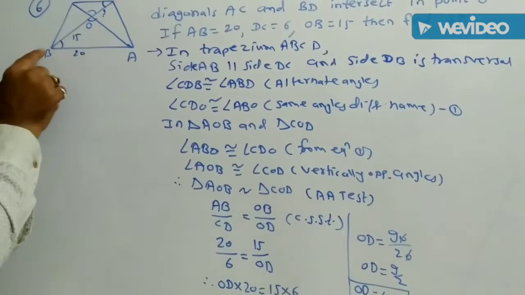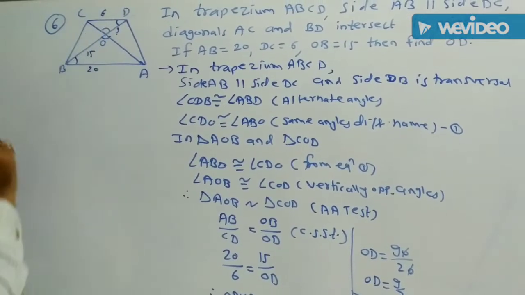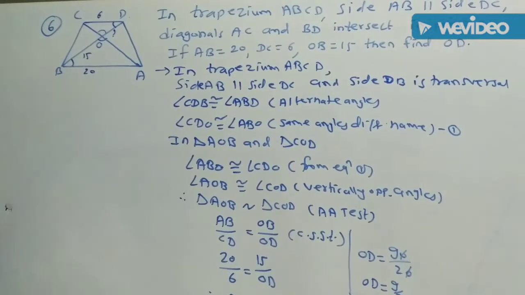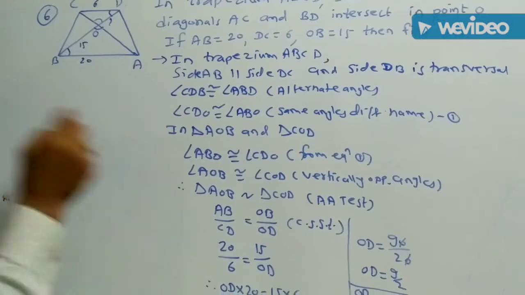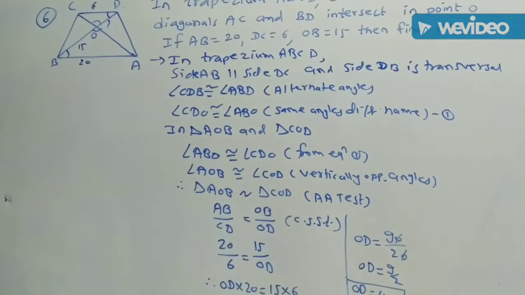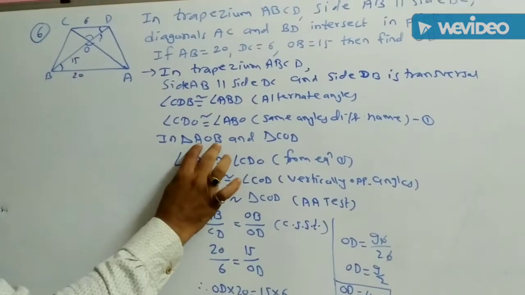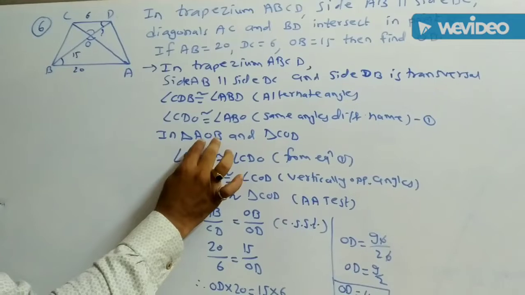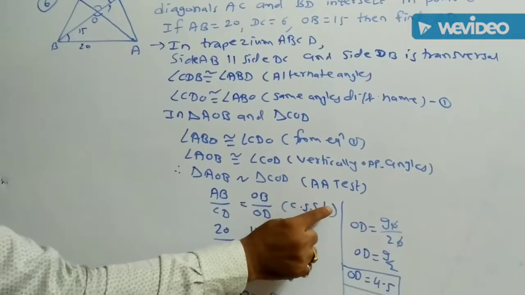Now in triangle AOB and COD, angle ABO congruent to angle CDO from equation 1. Then angle AOB congruent to angle COD because vertically opposite angles, and therefore both the triangles are similar by AA test. Therefore their corresponding sides are in proportion. AB upon CD is equal to OB upon OD, corresponding sides of similar triangles.